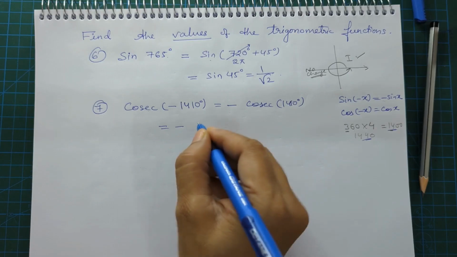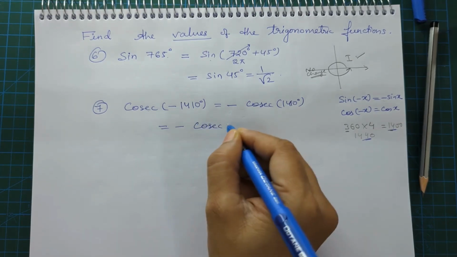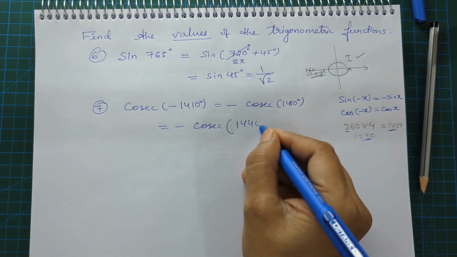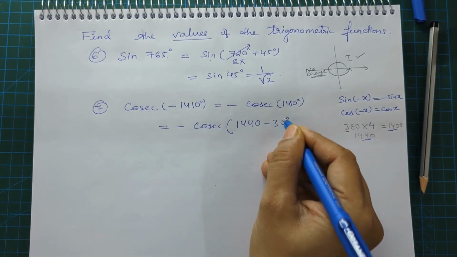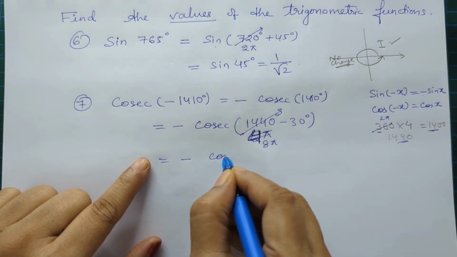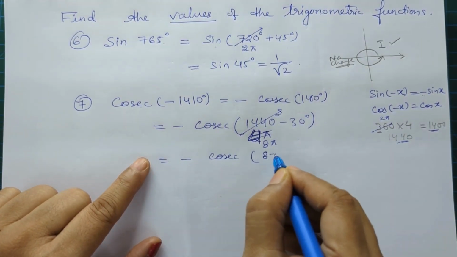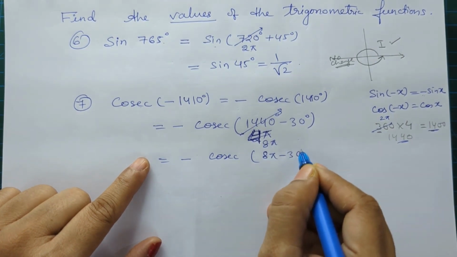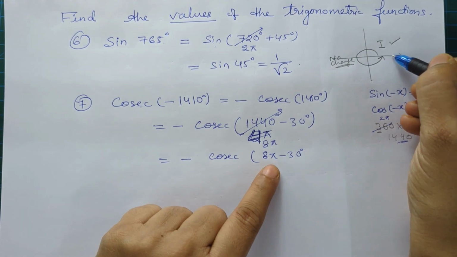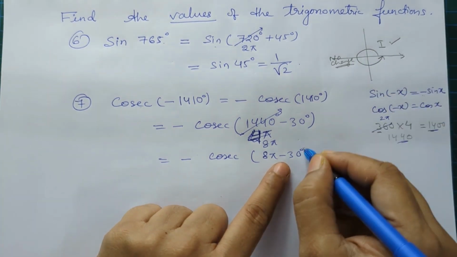Negative of cosecant of 1410 degrees. 1410 can be written as 1440 minus 30 in degrees. So this is negative of cosecant of 8 pi minus 30 degrees. Where is 8 pi? 8 pi comes to the positive x-axis, but it is minus 30.